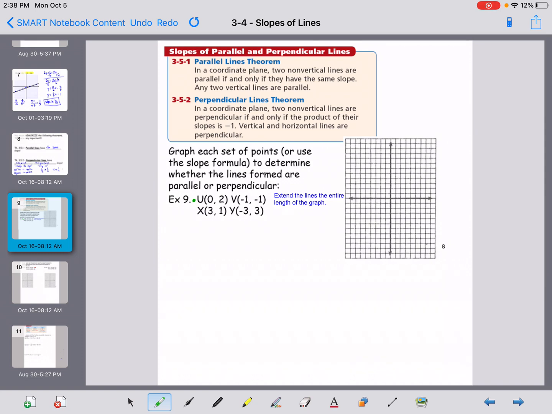I'm going to go 0, 2, and then I'm going to go -1, -1. So the slope between those 2 points would be up 3. So I'm looking at UV, so it would be a +3/1, which just simplifies to a 3.